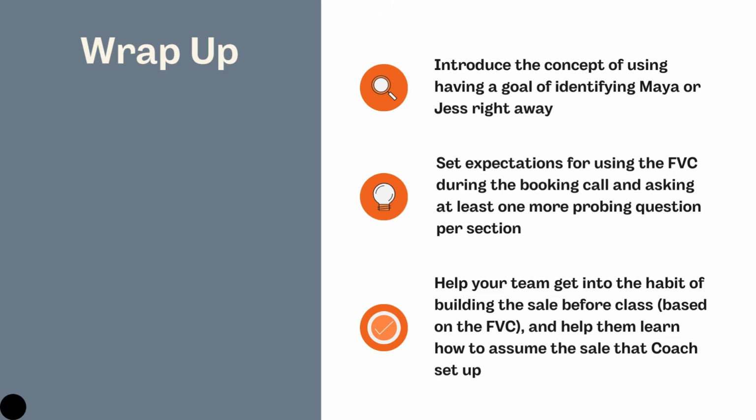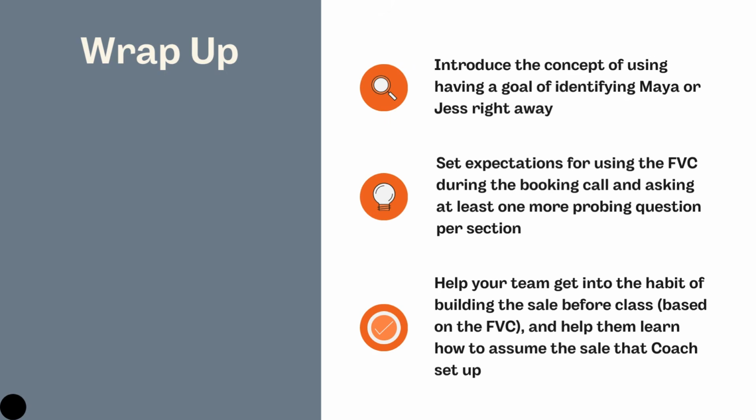All right, that's what we have for the month of November. We're introducing the concepts of identifying a Jess or a Maya and having that goal, kind of gamifying it right away. We're starting to use the first visit card during the booking call, during the show process, all the way through, building that rapport in tiny little chunks instead of just waiting to do it all at once, and really setting expectations for those probing questions.